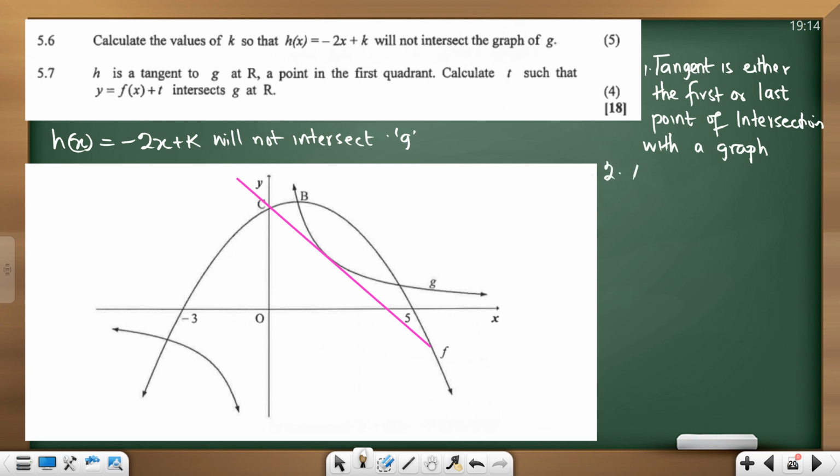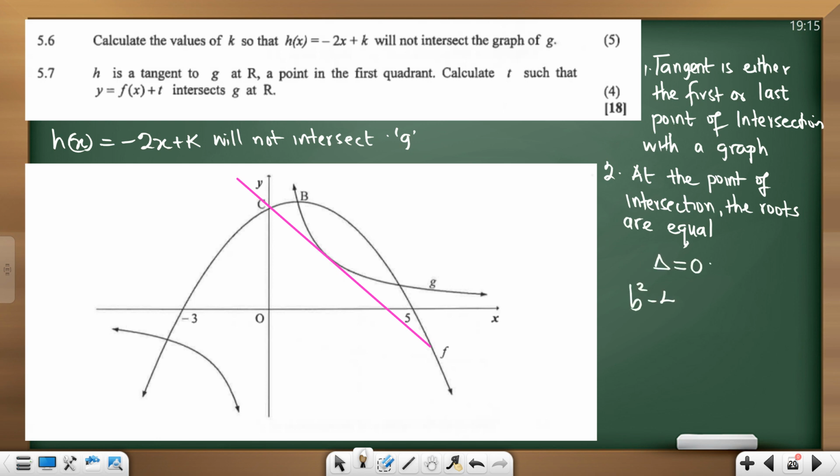Number 2, at the point of intersection, the roots are equal. What does that mean? This is b squared minus 4ac. This is a big part of maths, guys.